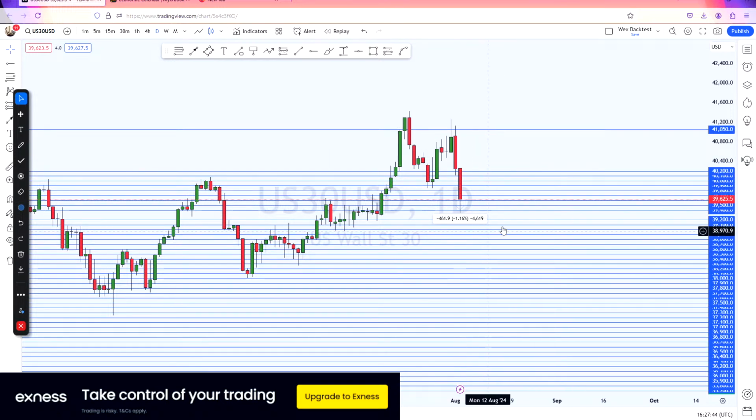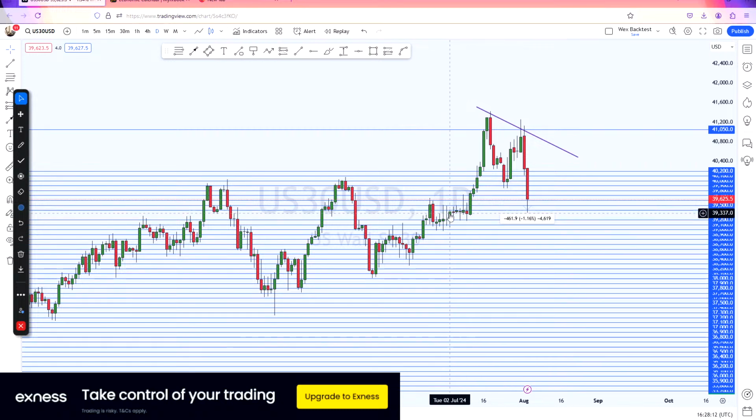So basically on the daily here, we can see price in a downtrend. If we pull up the trend line, this is what you're going to get. More like a rickety double top, because price could not break the previous high. We saw a rejection before the previous high and a nice engulfing candle. Price dropped, and currently we see price at this previous demand. So price is currently rejecting this demand.